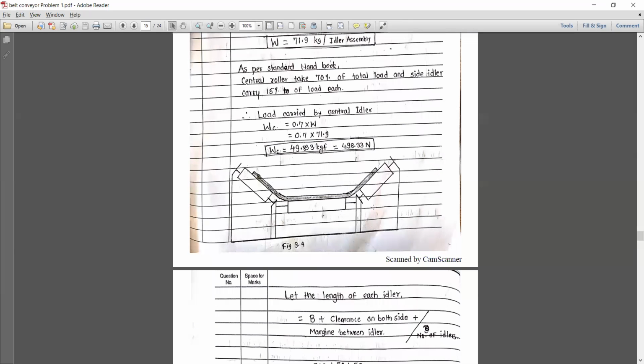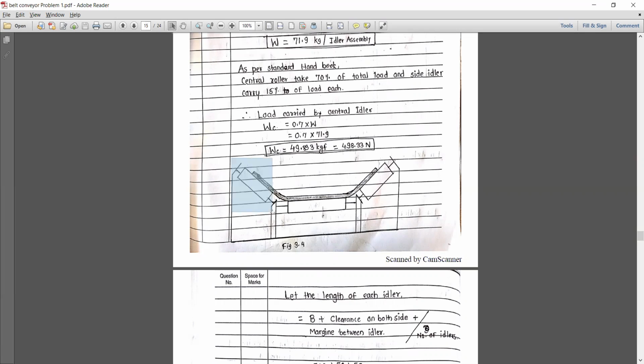Out of the 100% load, the central roller takes 70% of the load, and the side idlers carry only 15% on each side, so that the 100% load is distributed.